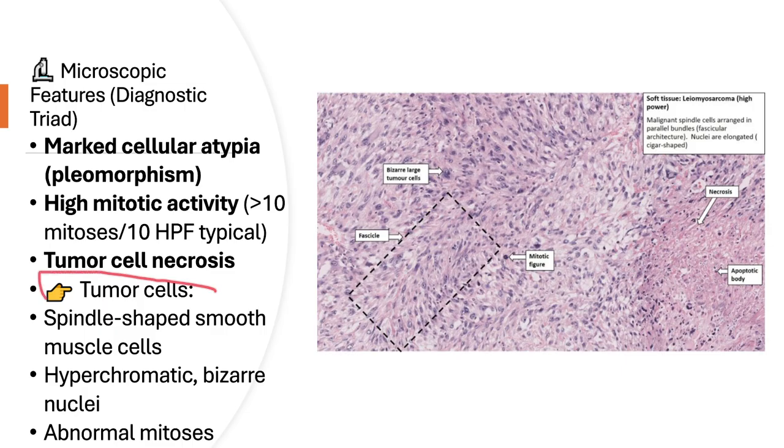When talking about the tumor cells, they are spindle-shaped smooth muscle cells, because these are smooth muscle cells. They contain fascicles and are hyperchromatic. The nuclei are bizarre and large, and there are also abnormal mitotic figures.